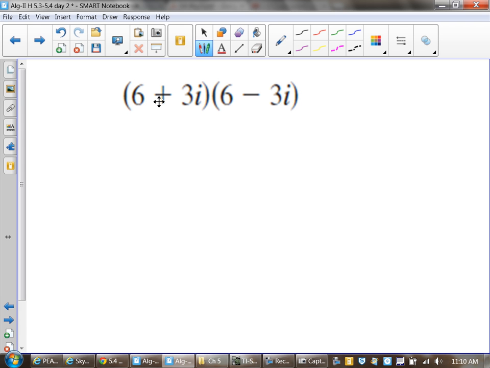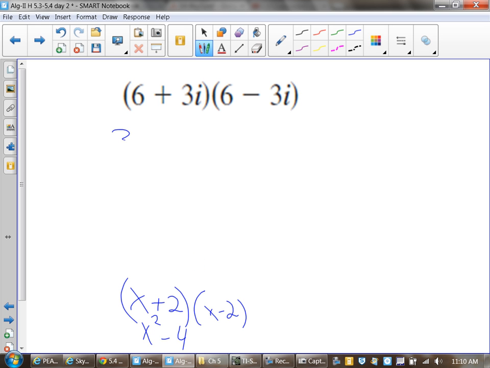Now, do you guys notice a pattern in this one? Same numbers. The difference is, do you guys remember when you had x plus 2, x minus 2? When you did that, did you have the middle term? No. You get x squared minus 4, right? Well, it follows the exact same pattern here.